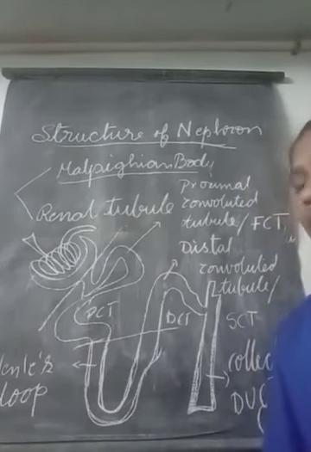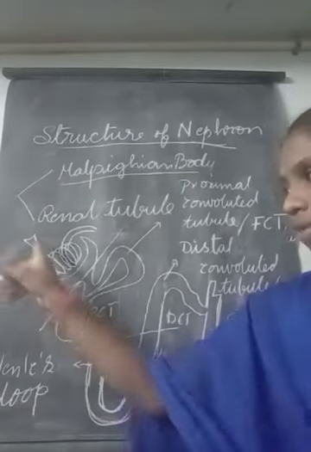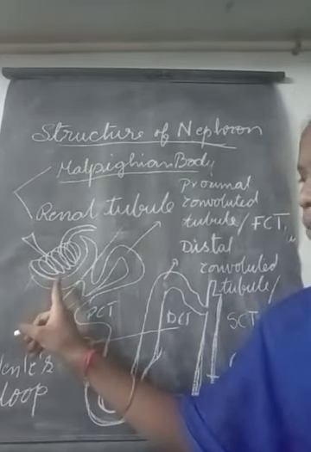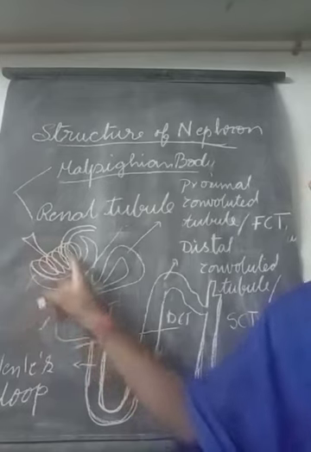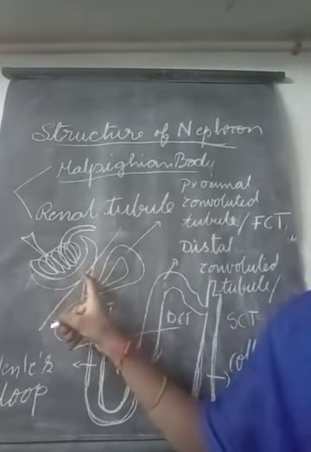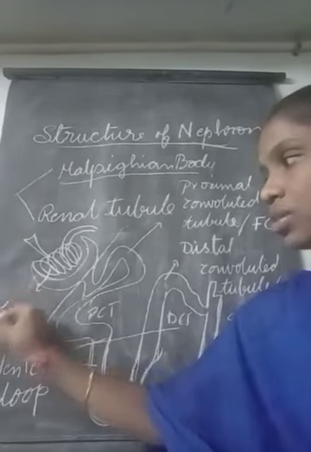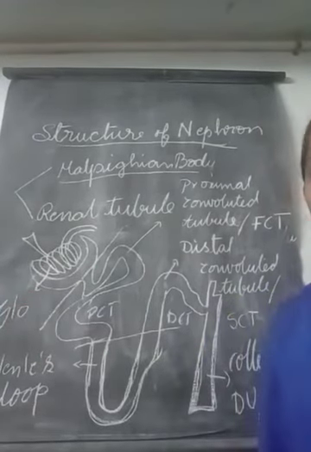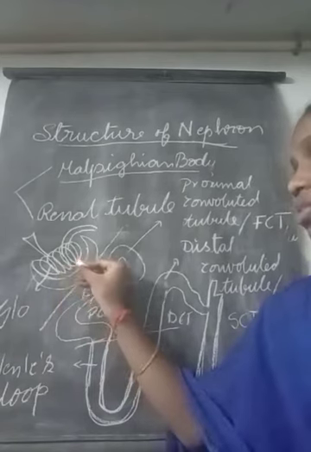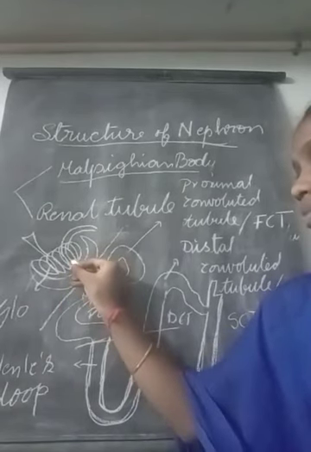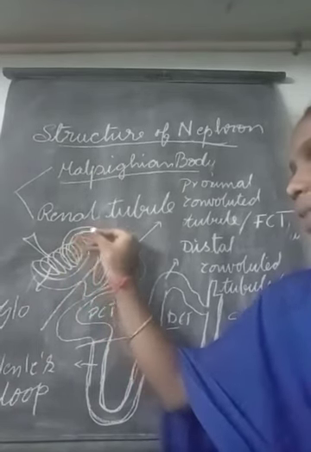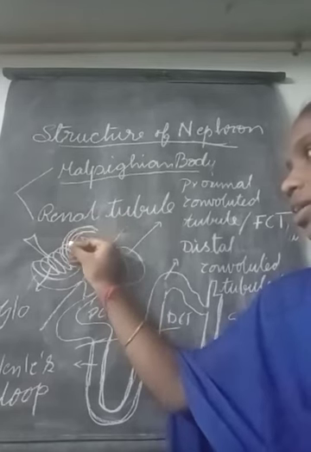So here also the afferent arteriole opens into the Bowman's capsule and forms a bunch. What is that bunch? Glomerulus. After forming a bunch, the blood vessel leaves the cup as efferent arteriole.